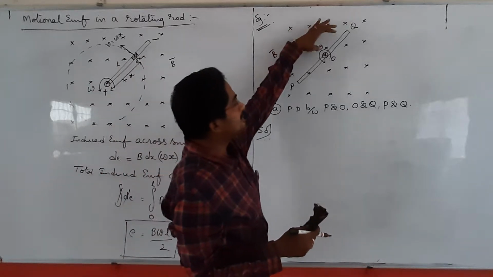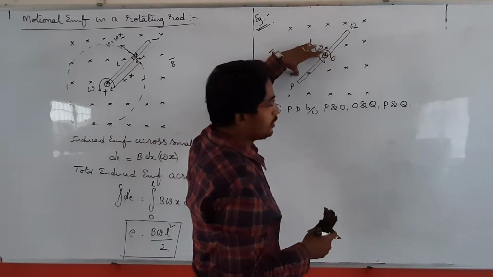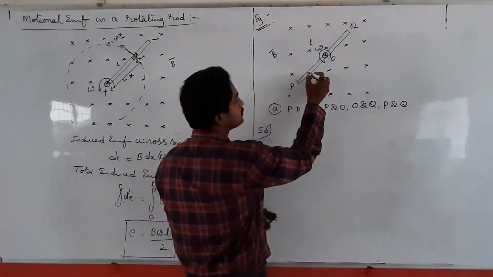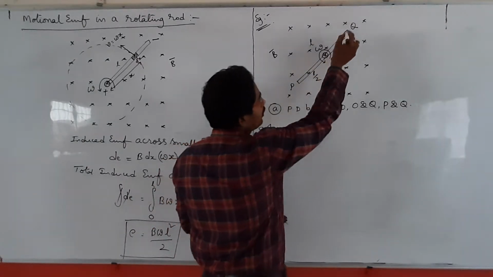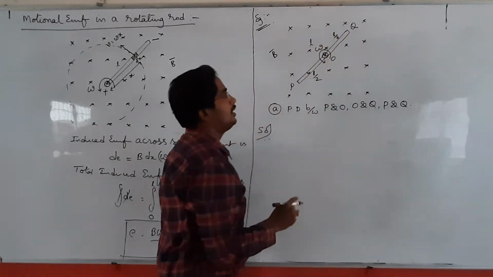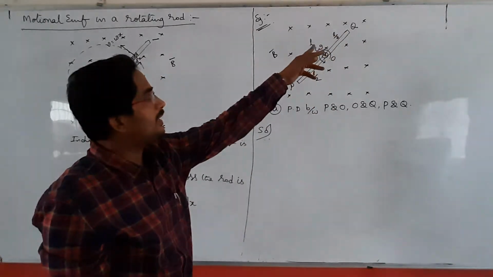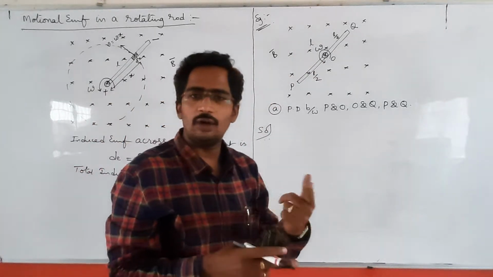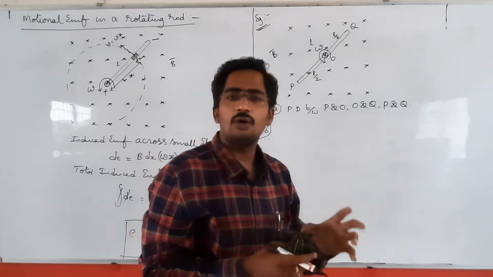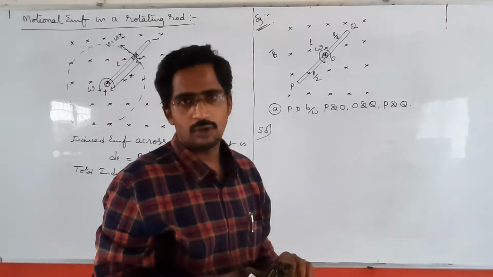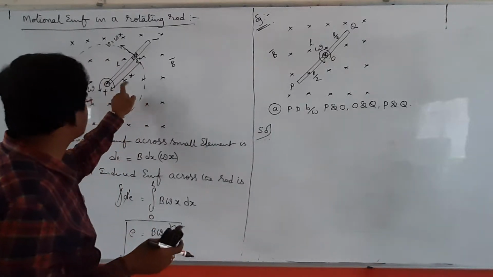The part OP has a length of L by 2, and OQ also has a length of L by 2. Then we treat that complete rod as two rods of lengths L by 2 and L by 2, which are rotating about one of their ends, like in the earlier case.